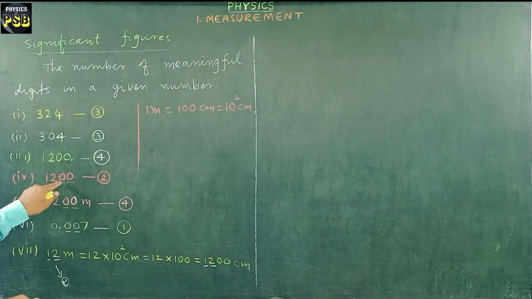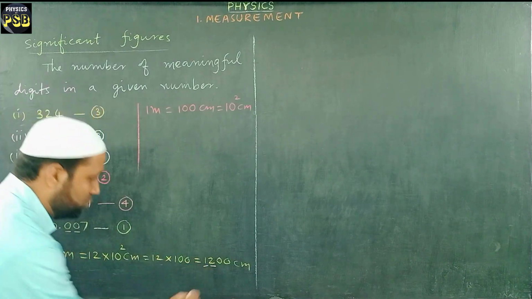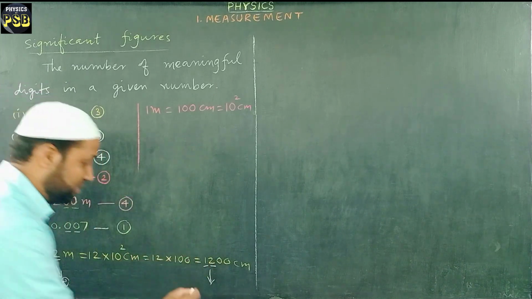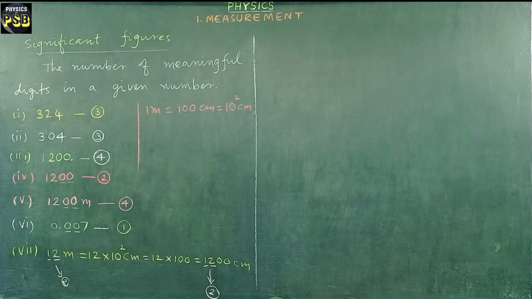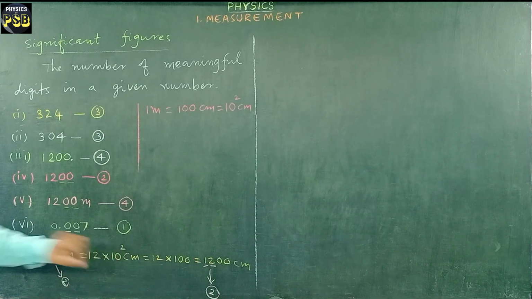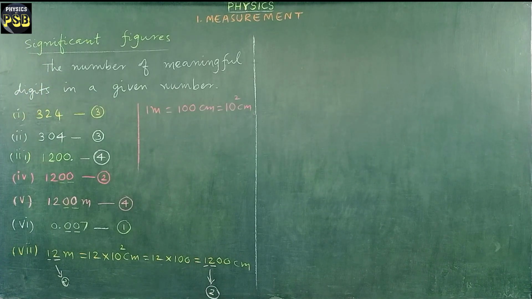We know the zeros which are present at the end are meaningless. So again here the number of significant figures is nothing but 2. So this clearly shows that if we change the unit, the count of significant figures does not vary. Clear? So these are the rules one needs to keep in mind while dealing with significant figures.